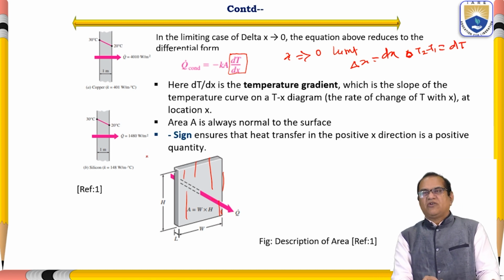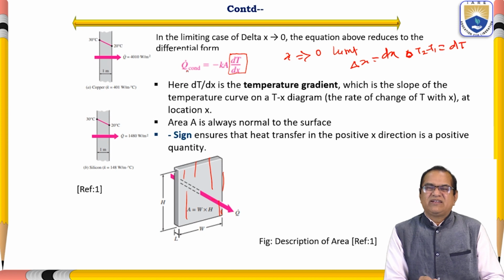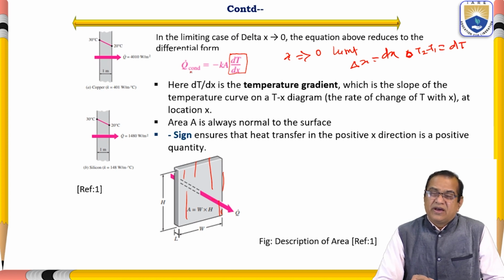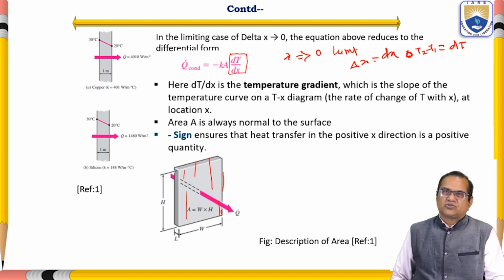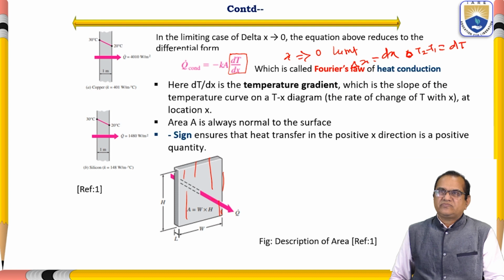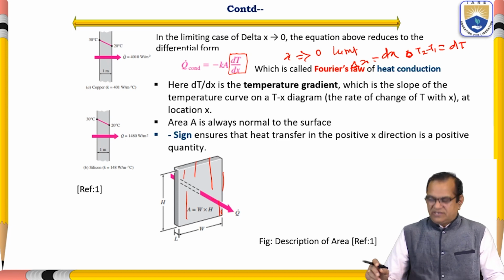How much heat transfer you have depends on K. In this way we have this equation of heat transfer: the rate of heat transfer is equal to minus KA dT by dX. This we have understood as of now, and it is called Fourier's law of heat conduction.